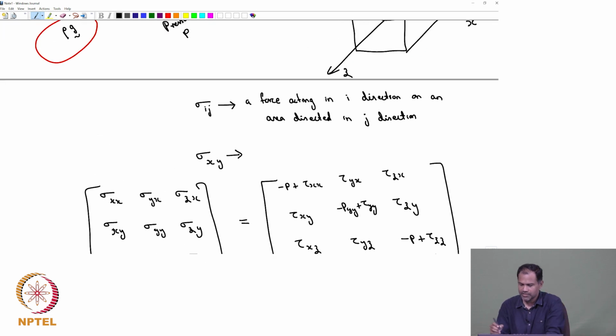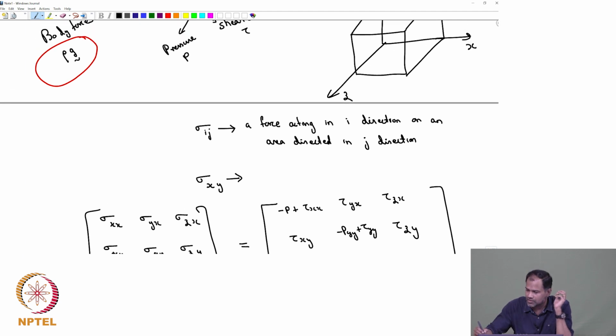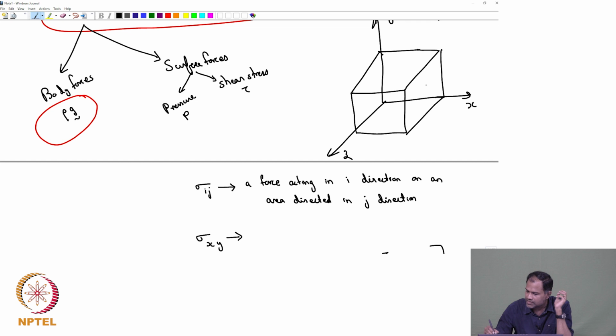So, I can also show it schematically. For example, let us look at sigma xx. Sigma xx is what? It is a force that is acting in x direction on a plane in x direction. So, sigma xx would actually be this. Now, the area that I am looking at is the one which is perpendicular to x direction.